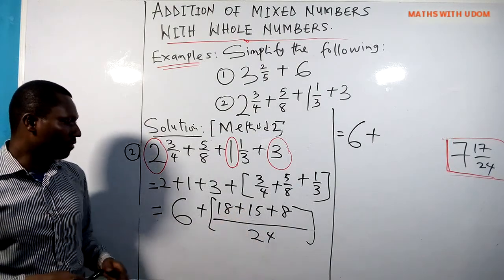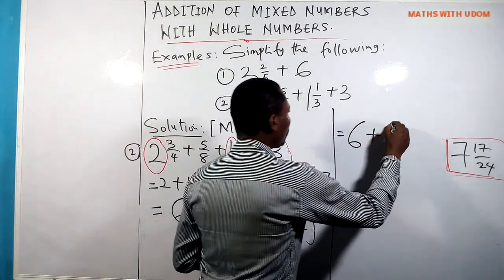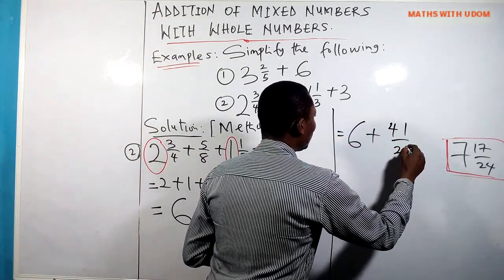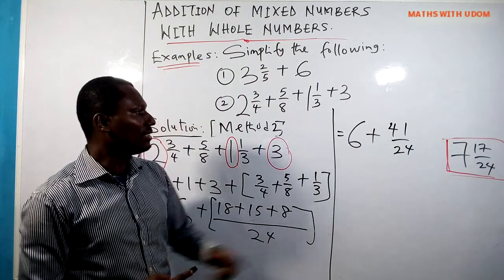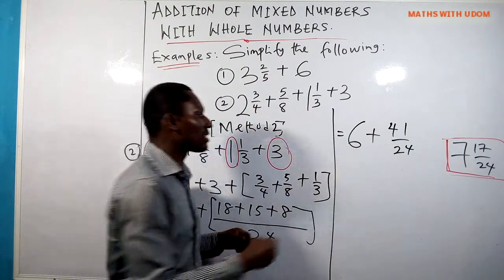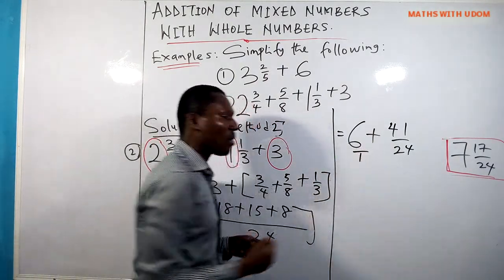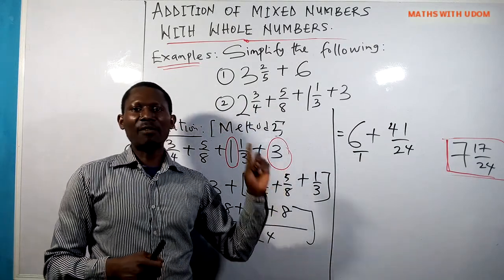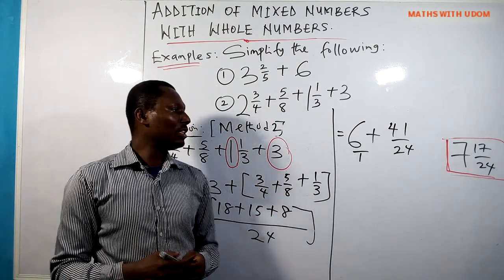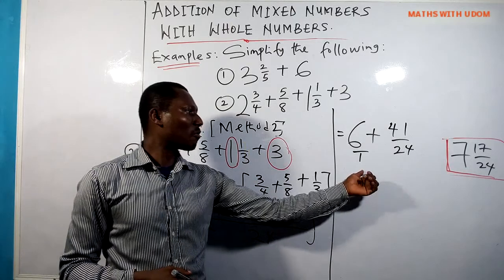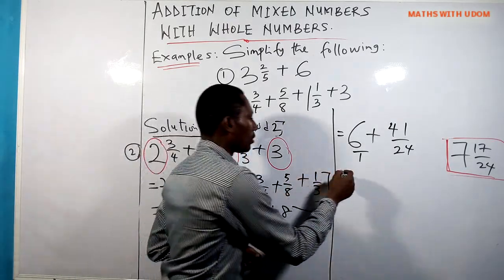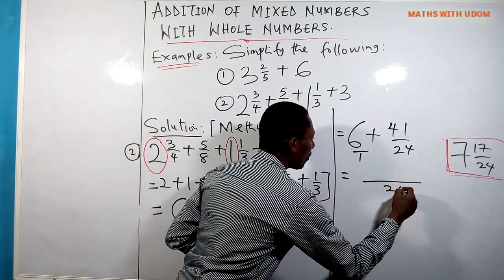So 41 divided by 24. This whole number 6, we write 6 over 1 because all whole numbers have 1 as their denominator. So the LCM of 1 and 24 is 24. So we come here and write 24.